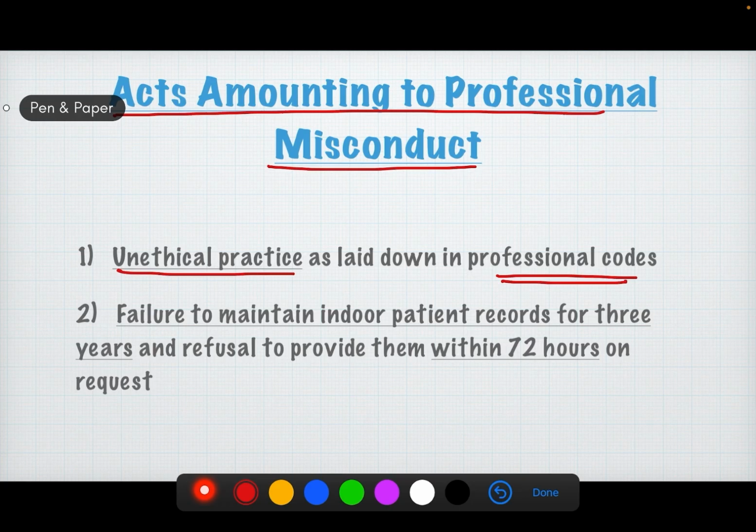So they amount to professional misconduct. Failure to maintain indoor patient records for 3 years and refusal to provide them within 72 hours on request. So a doctor should maintain patient records for 3 years and provide them within 72 hours if requested.